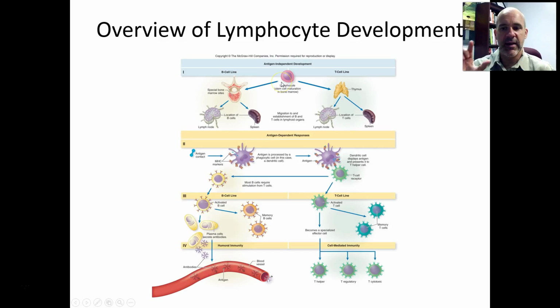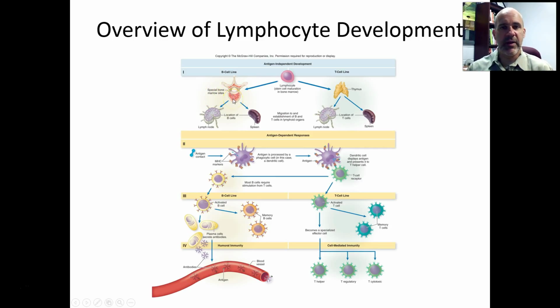So there is a lymphocyte stem cell that's unspecialized. It hasn't specialized yet into B cells or T cells. And based on your needs, as these guys divide, some of them are going to specialize into B cells and some are going to specialize into T cells. So these are both made in your bone marrow, and they get released.